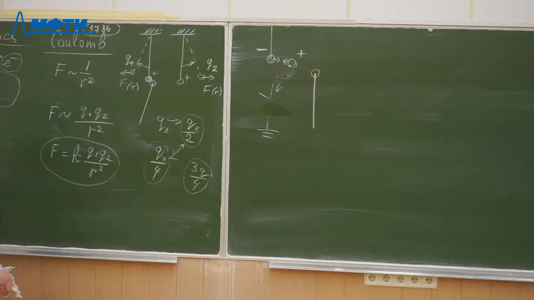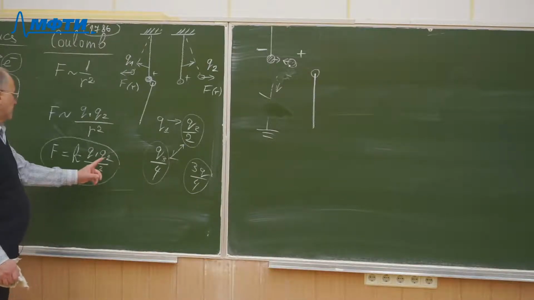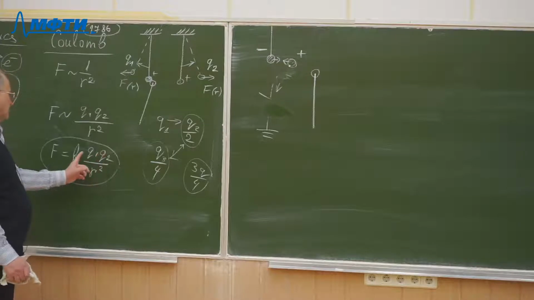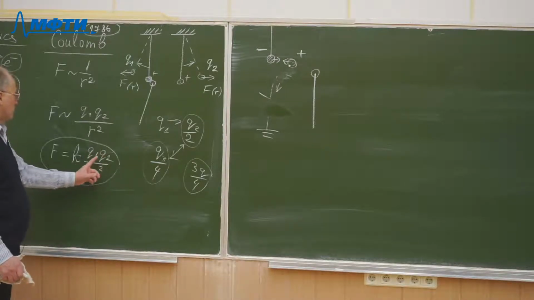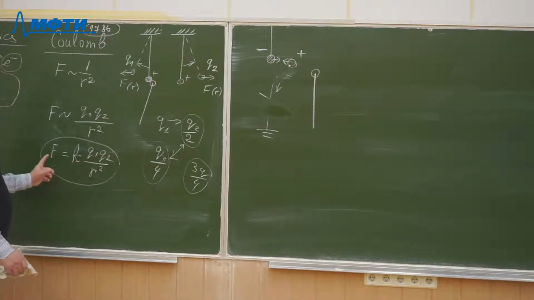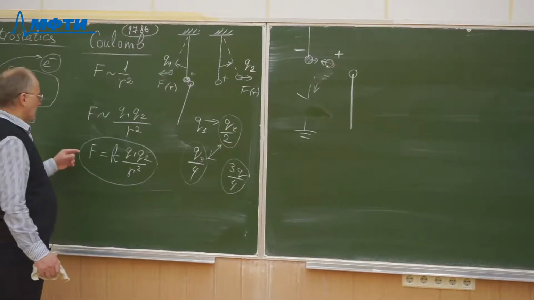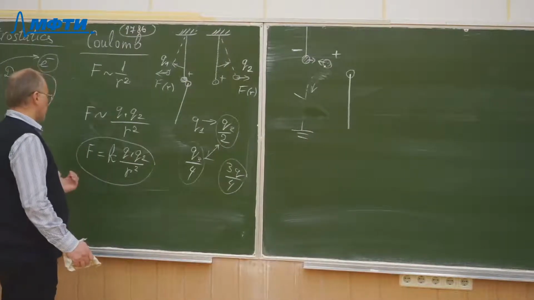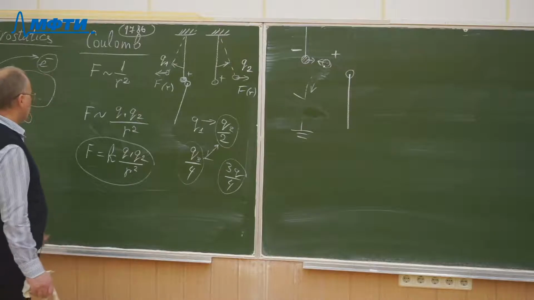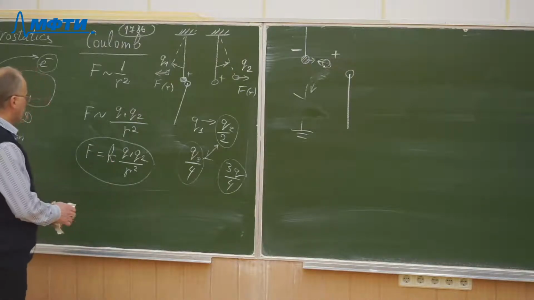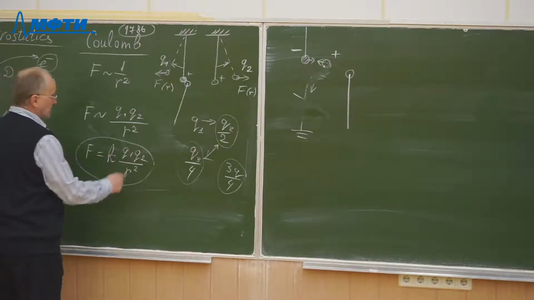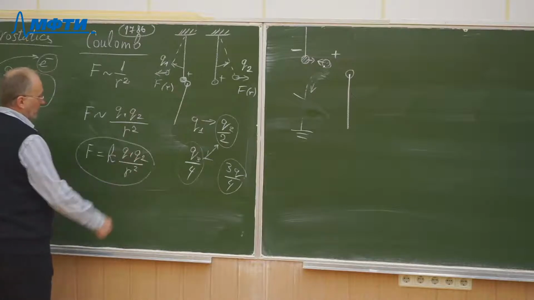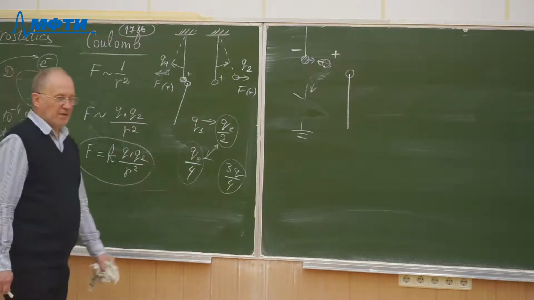And then if you change the sign of another charge, that will again be minus, then minus by minus will give you a plus, and the force will again change direction. So repulsion will be changed into attraction, and attraction will be changed into repulsion if you change the sign of any charge here.